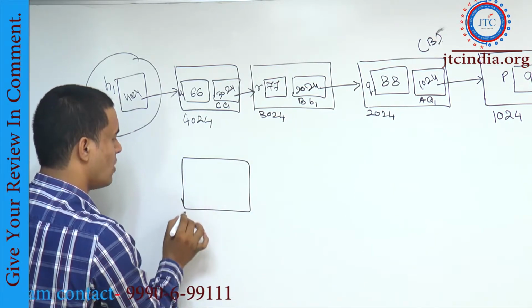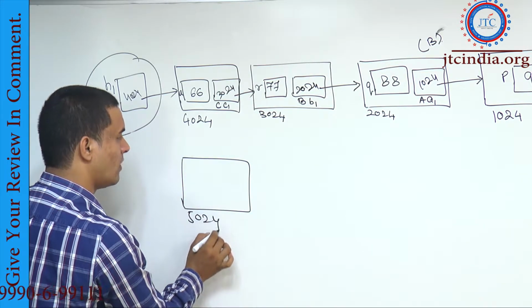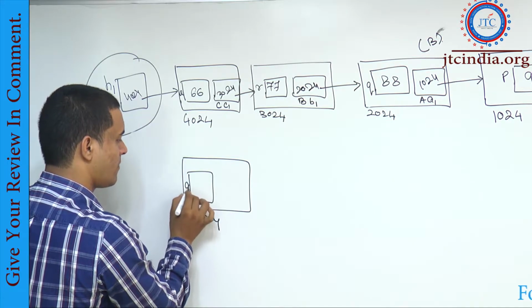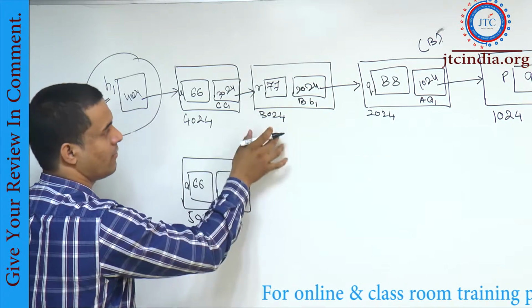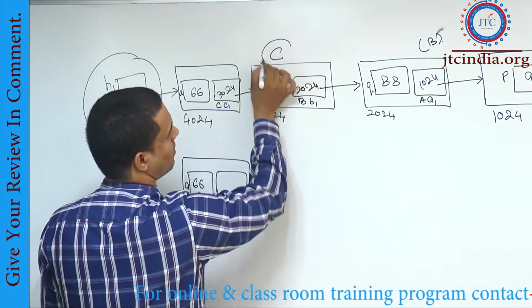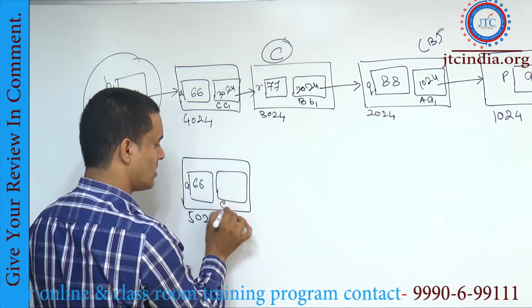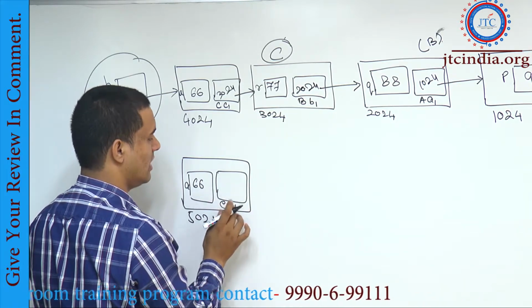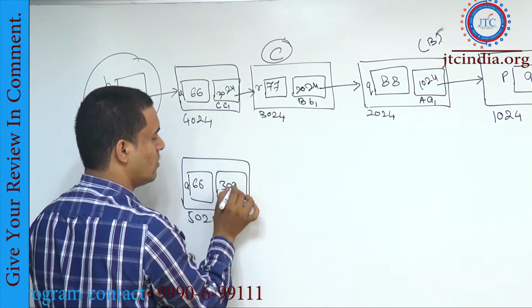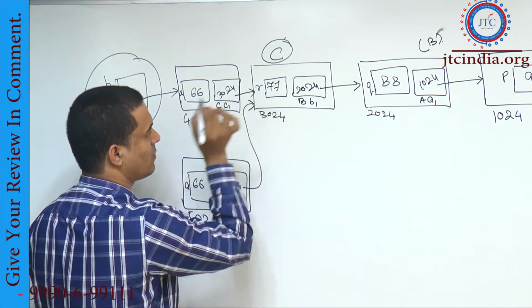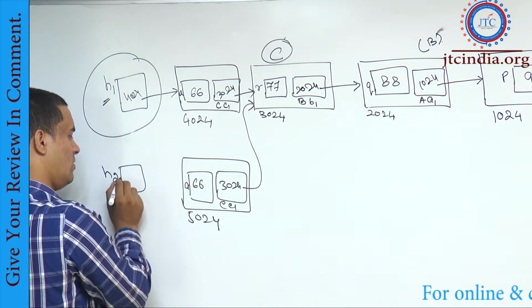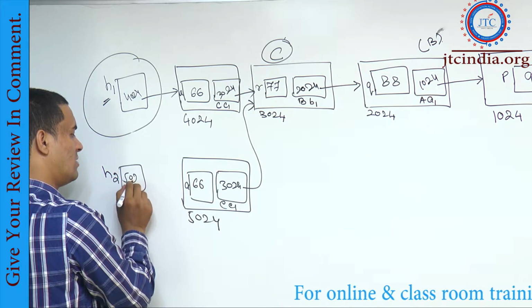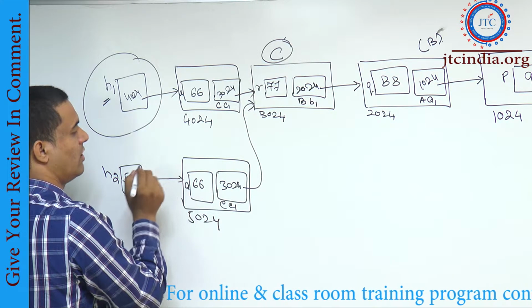So see here, only 5024 will be this A, which is 66, and for this one, which one is it? The C object. In that C of C1 there is 3024 being passed, so it is pointing to this, and this reference will be stored inside H2. So you can say 5024, it is pointing to this.